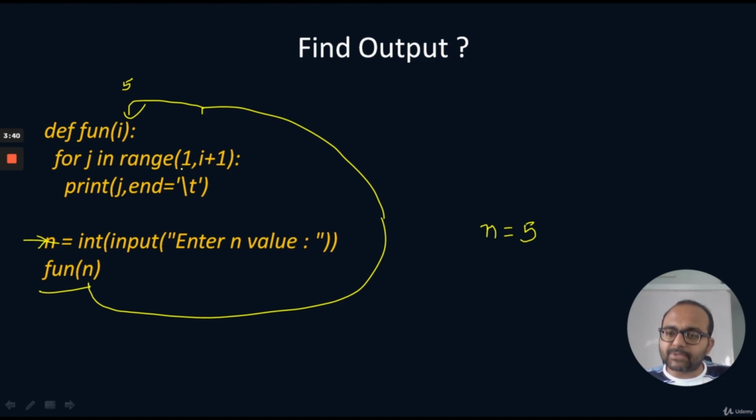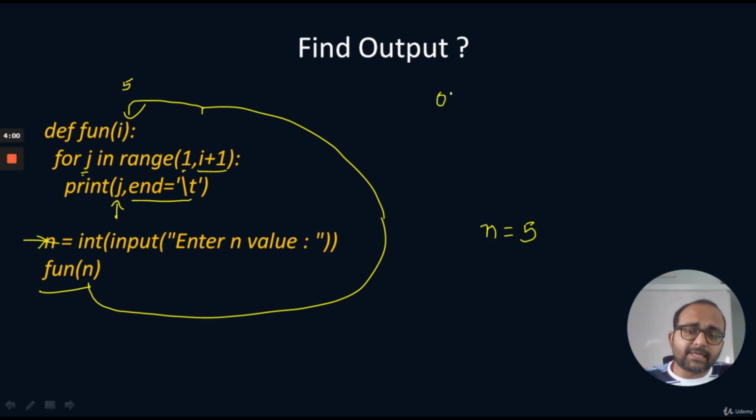And if you observe the range, j is a loop variable that is iterating from 1 to 5, hence 5 plus 1 here. Every time the j value is getting displayed, after displaying the j value, a tab space is used to separate the next value.